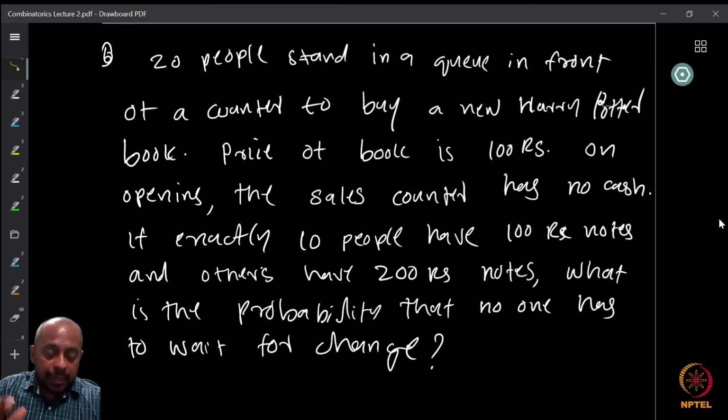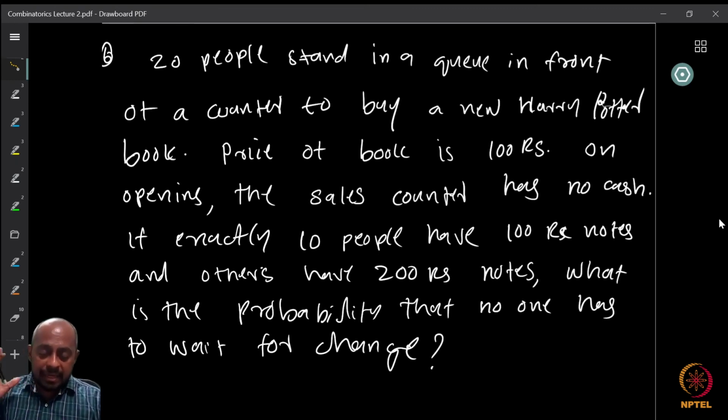Now at the opening time, the sales counter usually, as in most shops, or like when you enter a bus, the conductor in the first trip of the morning has no money with him, zero cash. If you don't have change, you are in trouble; you have to wait for the change. Similarly, the sales counter opens with no cash.